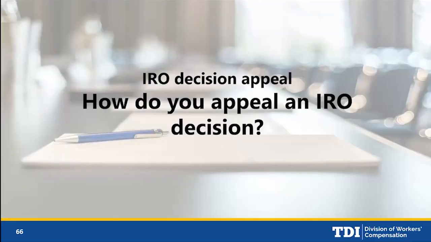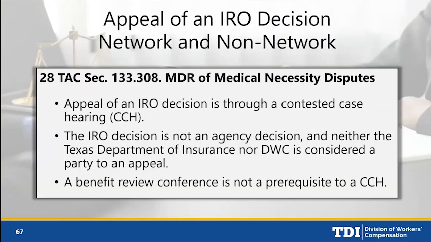So what happens if the IRO issues a decision, an adverse determination, and you want to appeal? This is covered in Rule 133.308, Medical Necessity Dispute Rule. You can appeal the IRO decision through a contested case hearing at the Division of Workers' Compensation. So you don't need to go through a benefit review conference first.